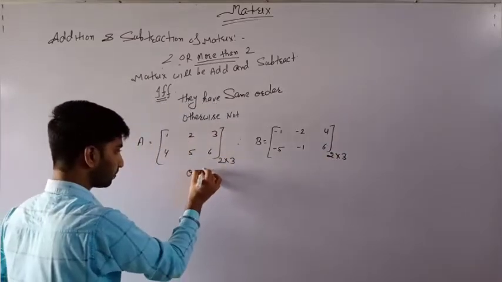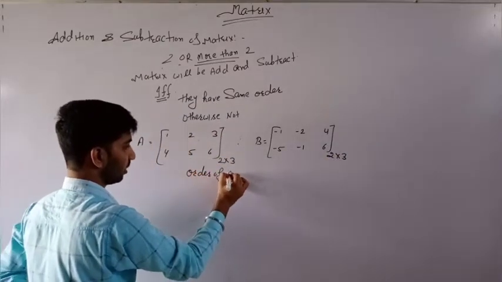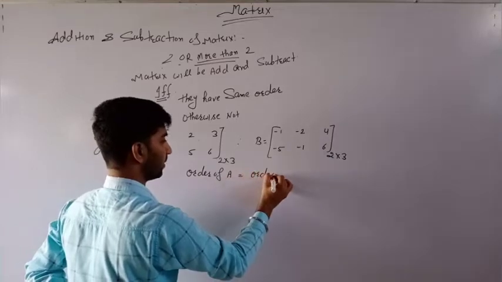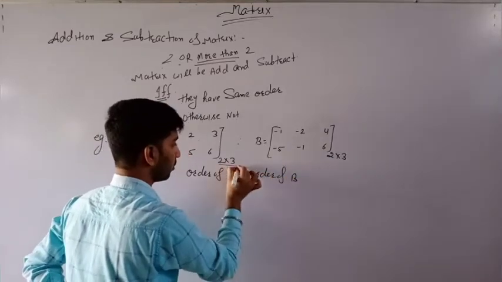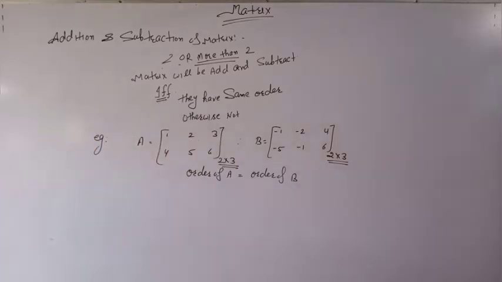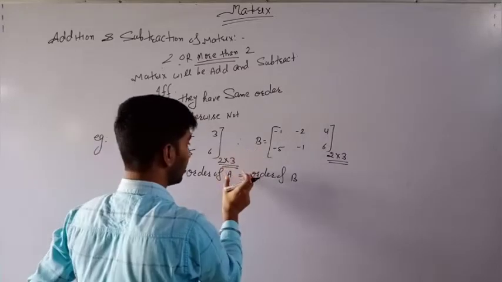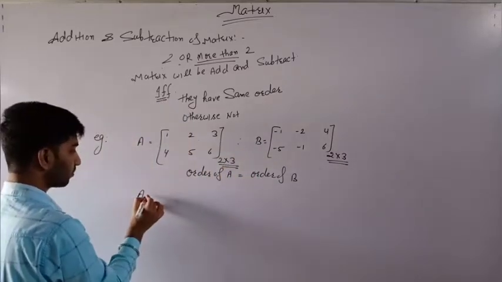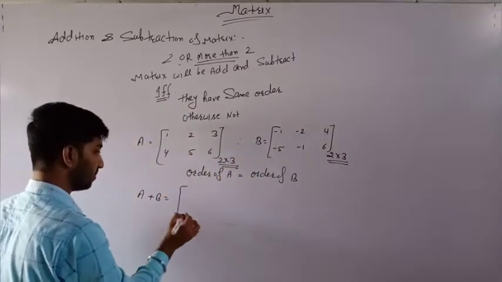Order of A is equal to order of B, 2 multiply 3 is equal to 2 multiply 3. These two matrices A and B have the same order, so we can find A plus B.